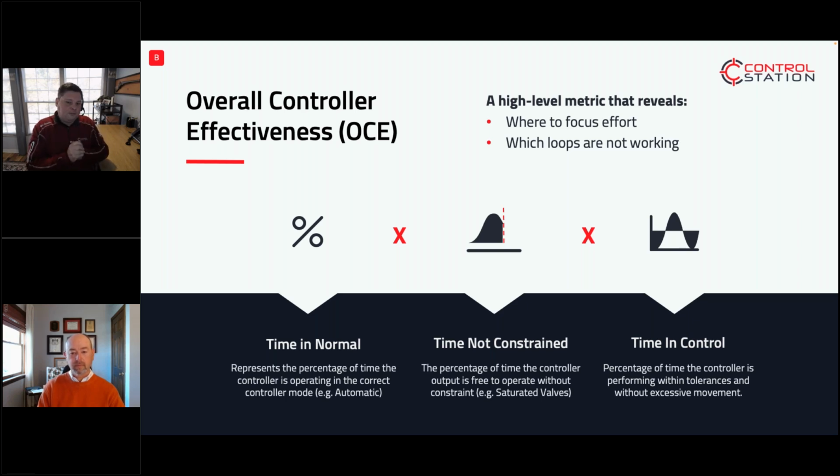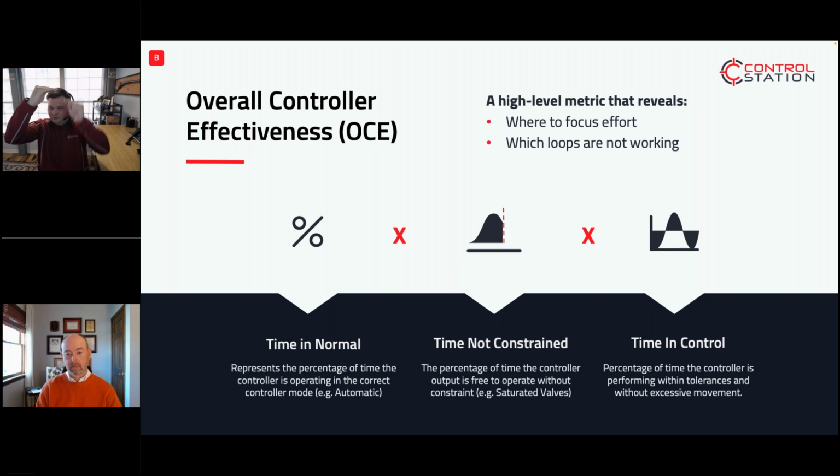What is the percentage of time that you're in that, right? And then look at what is the percentage of time the controller is free to move. Not just that it's at 0 or 100%, but that it's free to move within those constraints, right? Because we all know the game operators play. They don't like it swinging. So instead of tuning, they just move those controller limits. So it's really tight.